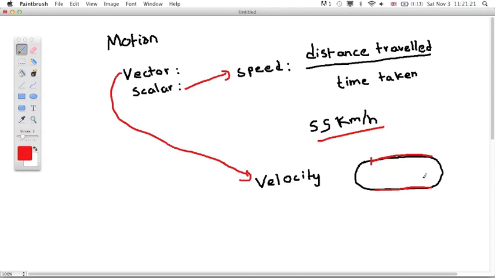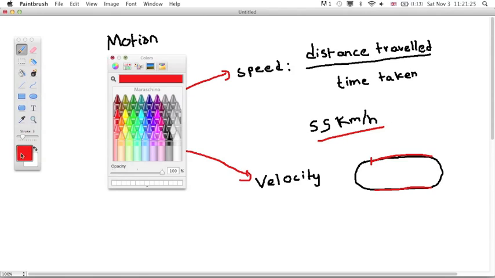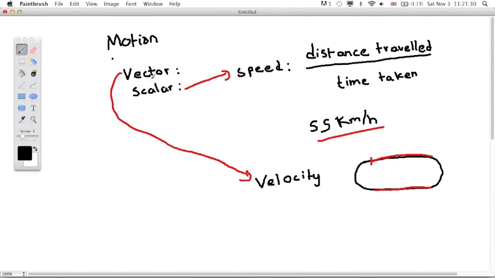So your average velocity will be zero, as velocity is defined by displacement: distance traveled in a certain direction, and I'm just drawing an arrow for that, over the time taken.